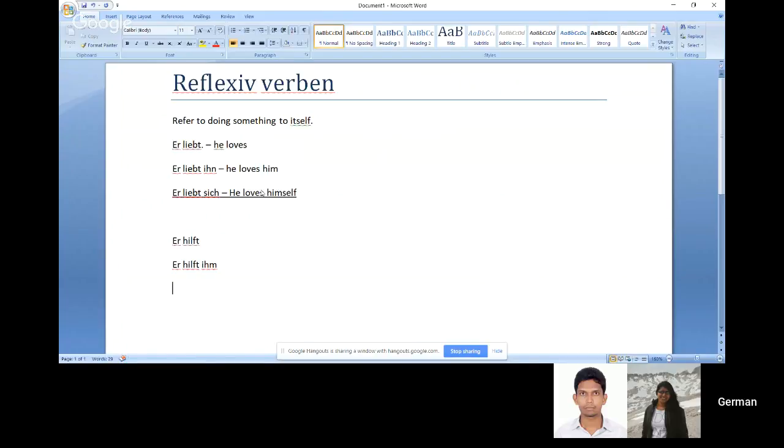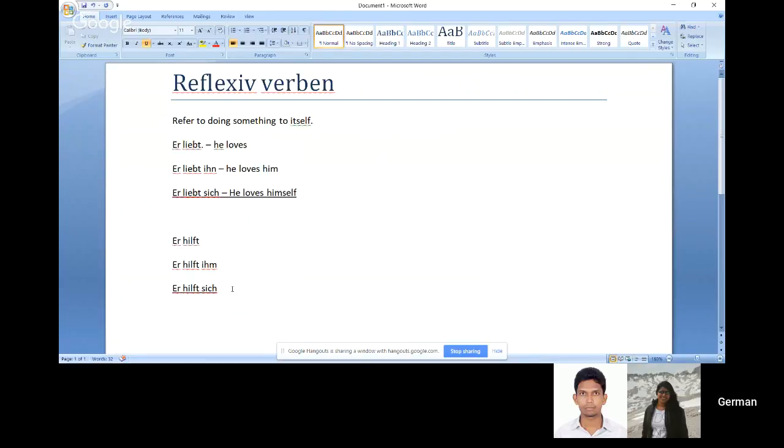Er hilft ihm is he helps him. This is the dative case. And er hilft sich is he helps himself. Now he helps himself because he is doing some action for himself. It is a reflexive sentence.